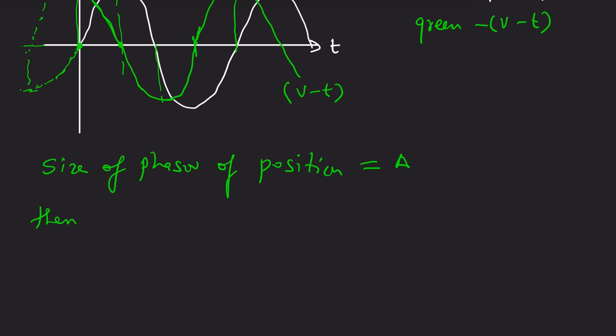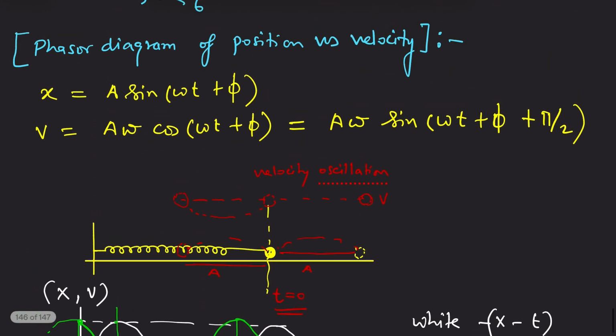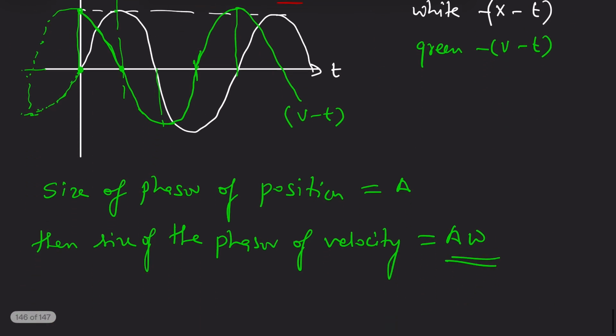Then the size of the phasor of velocity is going to be a omega. Is this right or not? Because at the leftmost side we are having the maximum value, that is a omega. So it is going to be a omega.